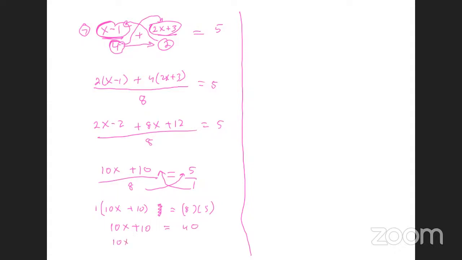You'll get 10x is equal to, move across 10, 40 minus 10, which is 30. So 10x is equal to 30, then divide everything by 10, and you will get x is 3. So this is a lot more working compared to the others, huh?